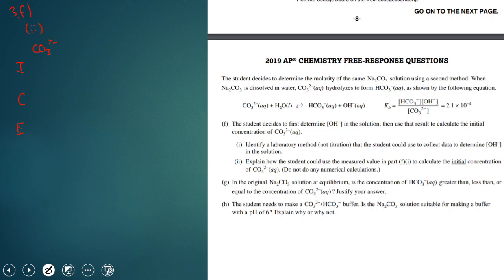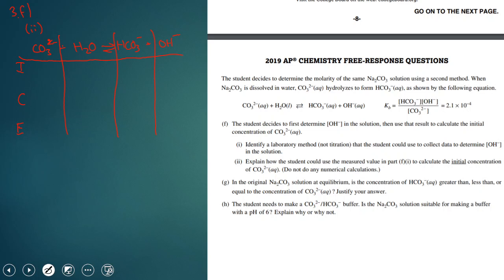I'm not going to include the water because it wouldn't be included in our K expression anyways, so I'm not going to fill out its rows. I'll still include it for completion in the reaction. So this forms HCO3- and OH-. All right. So we got our R figured out in the RICE.